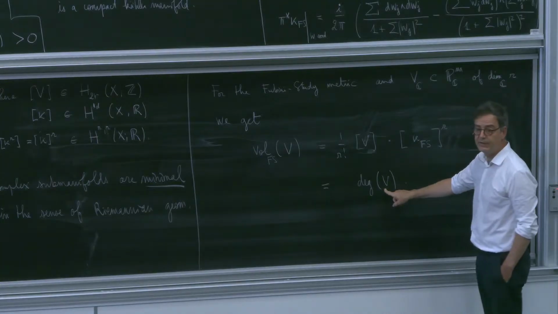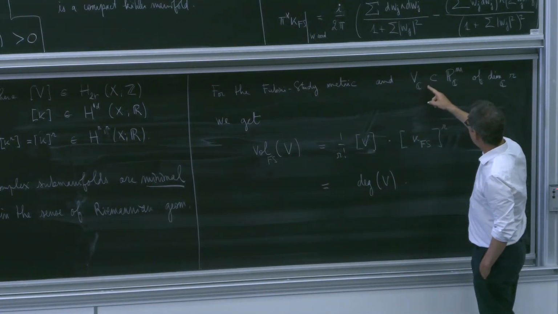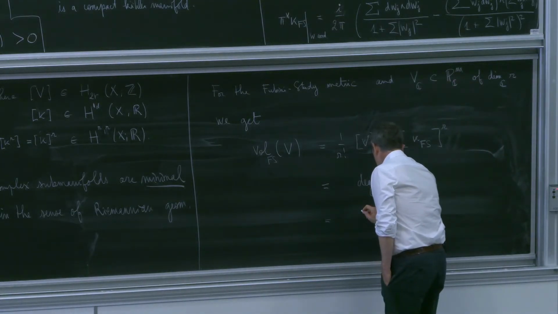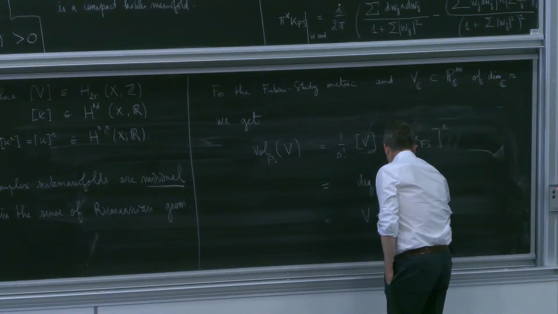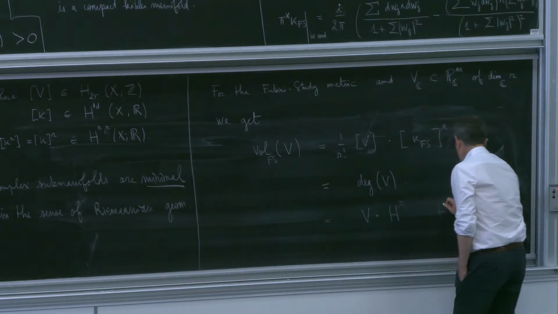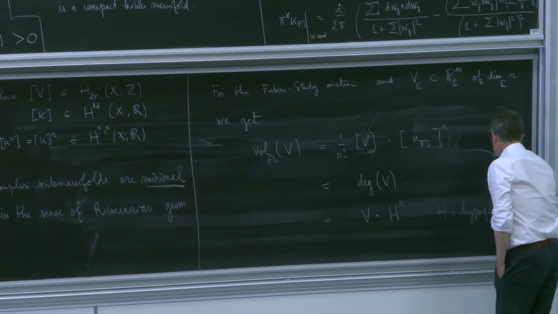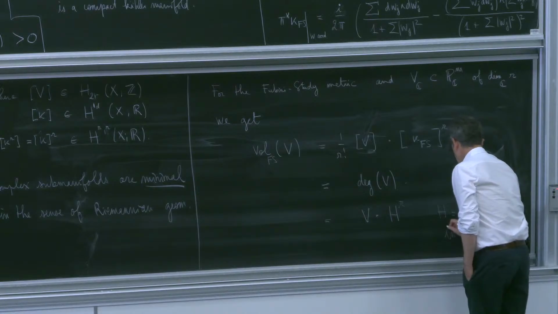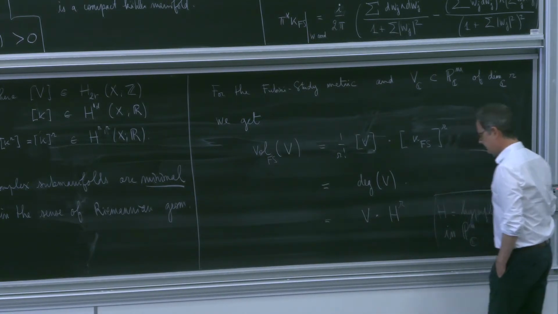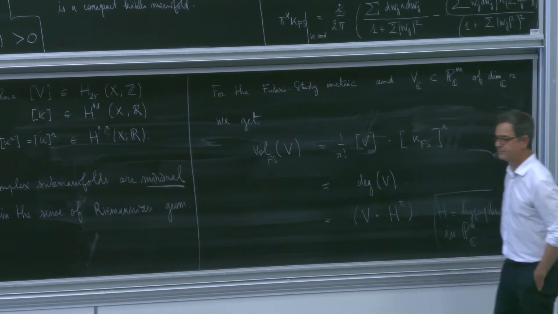So the degree of V, as a subvariety of P^m, is V intersected with a hyperplane section to the r. So H is a hyperplane. Okay, this is an intersection product.